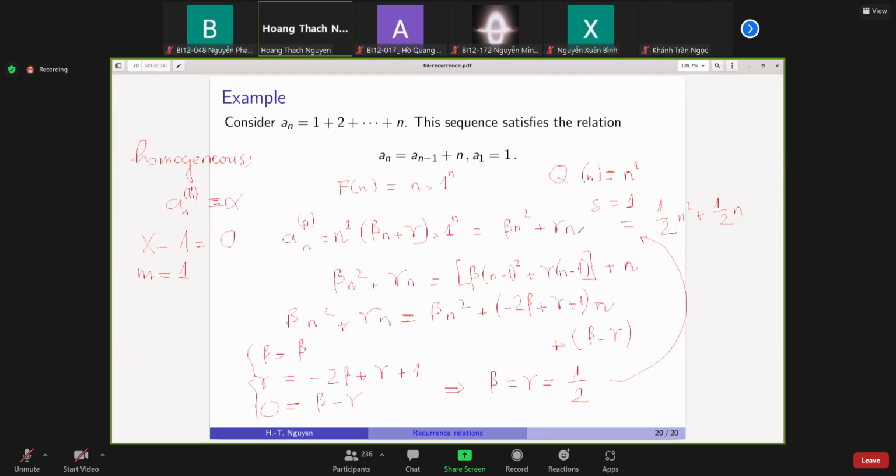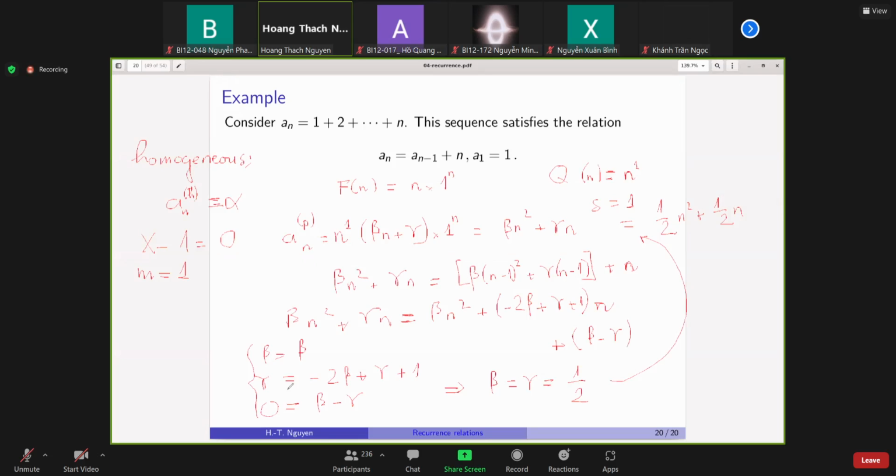So we write our particular solution in this form. We plug this into the recurrence relation, okay? And then we identify the coefficients of n squared, of n, and the free coefficients of the two sides in order to obtain this system of equations.